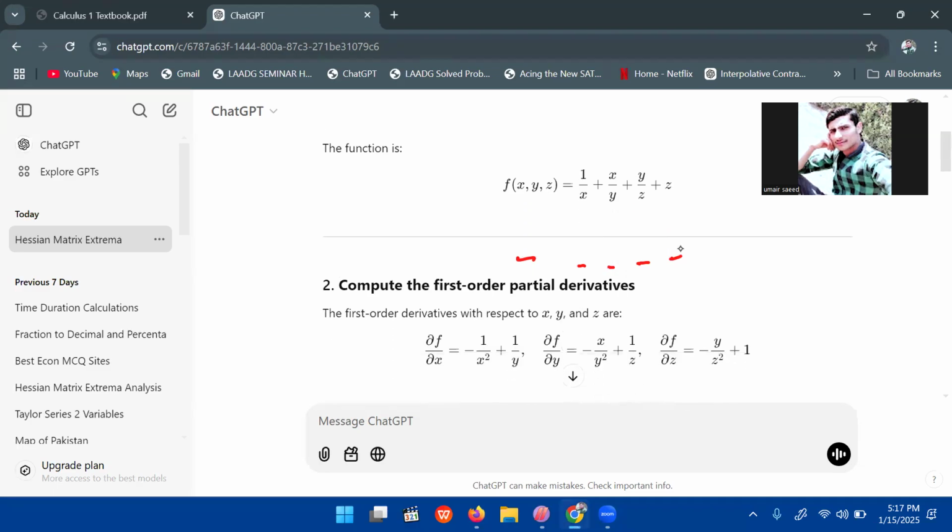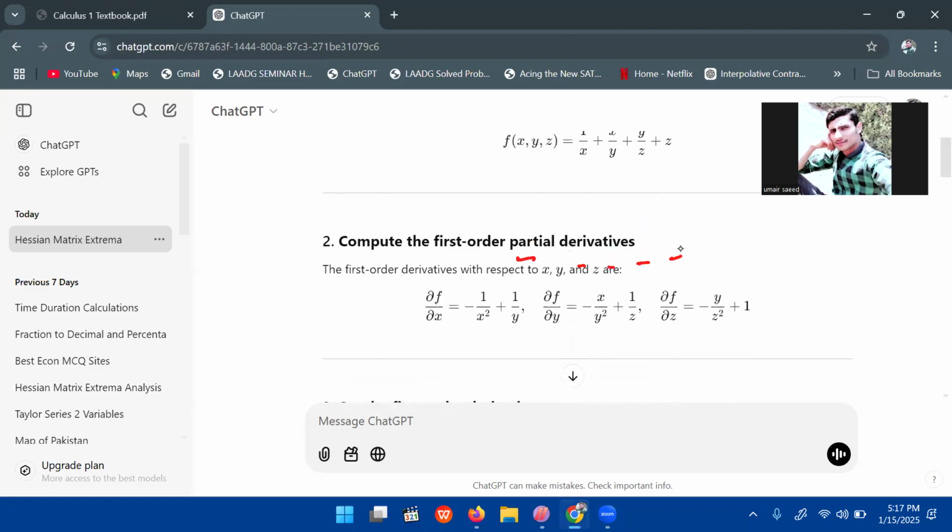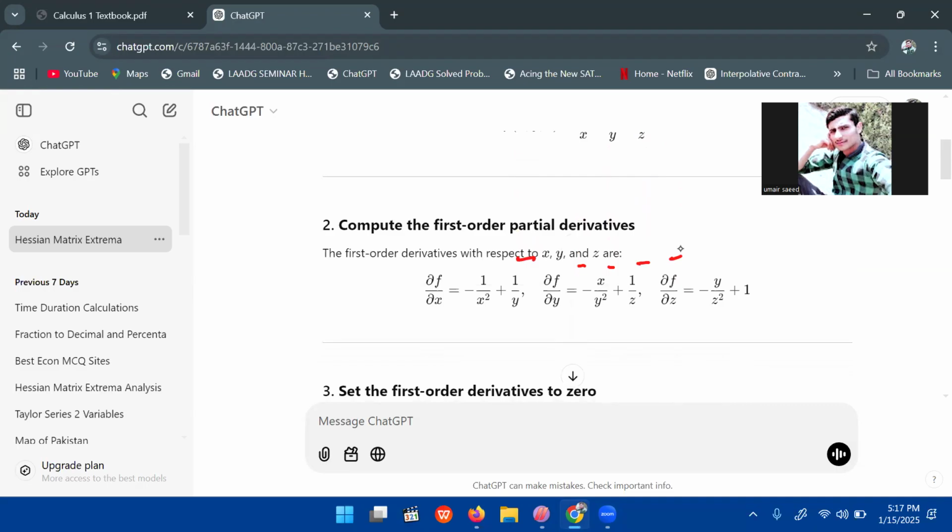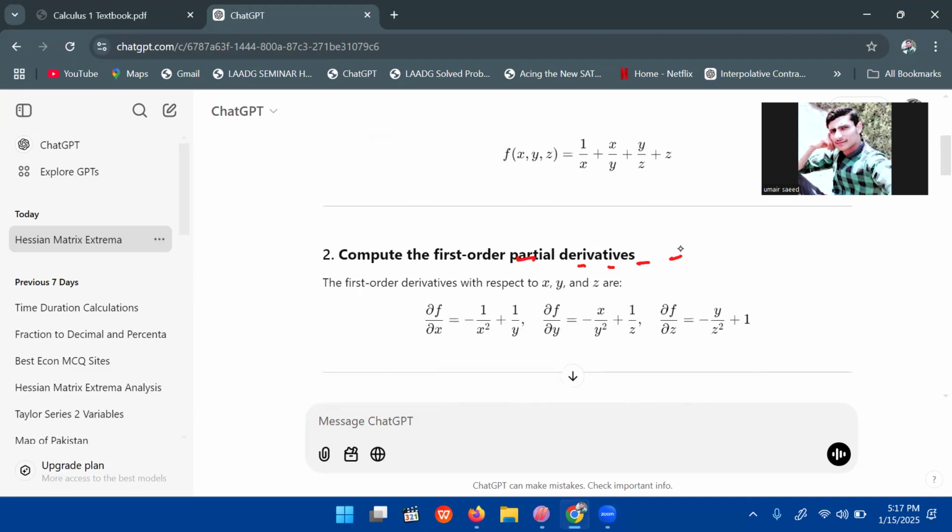In order to find the extrema, first of all we find its partial derivative with respect to x as well as with respect to y and z. What is the partial derivative of this function with respect to x? Partial f by partial x is equal to the derivative of 1 over x. We can write 1 over x in the form of x to the power minus 1.